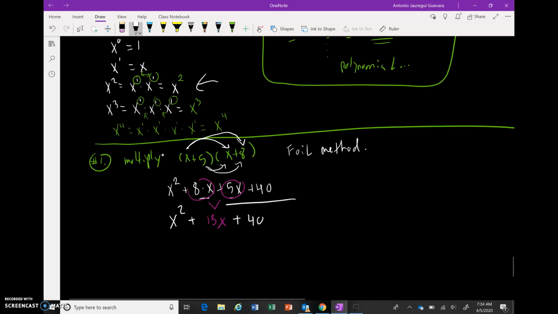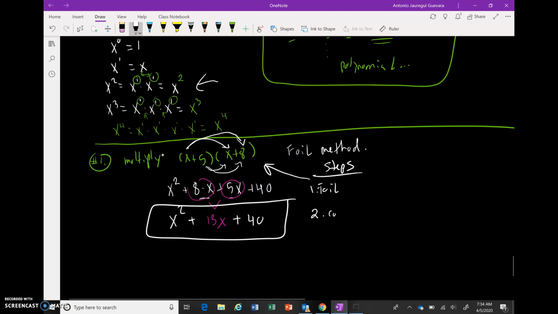So this is your answer when you multiplied those two quantities. So I guess I can write steps. Step 1, FOIL. And step number 2, combine like terms.